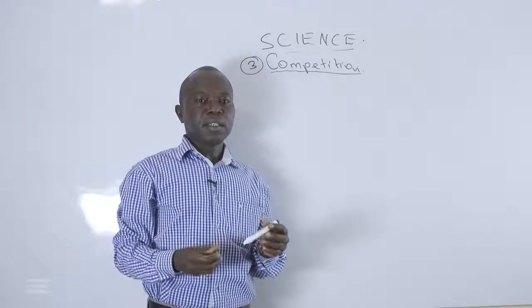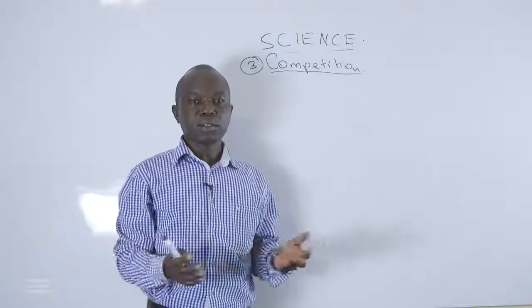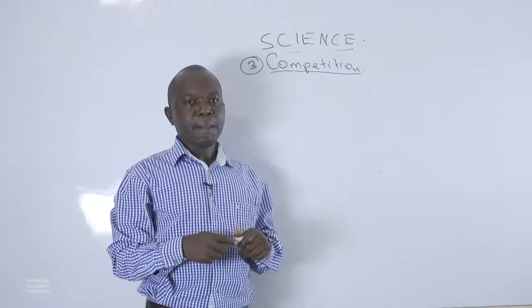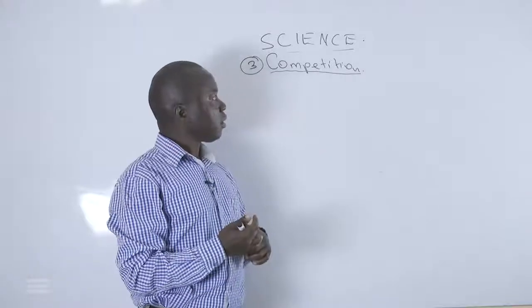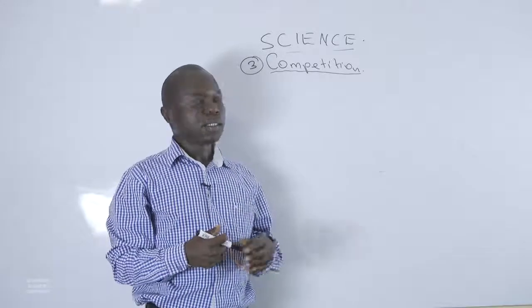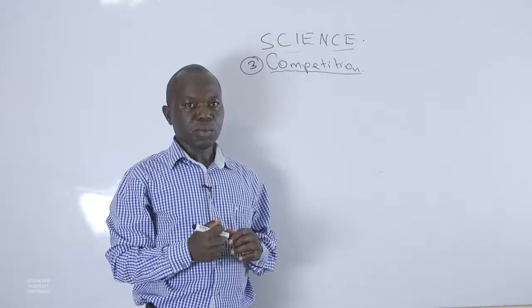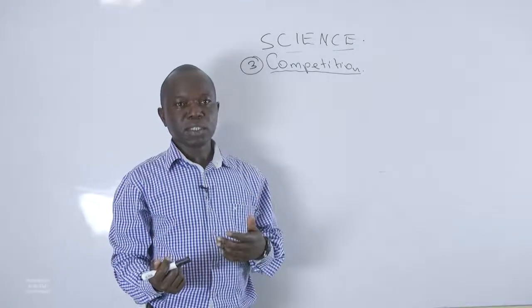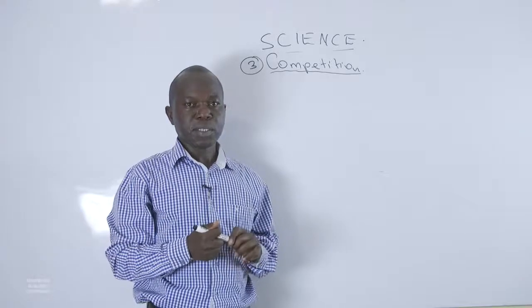Maybe if we have 2 teams, they can compete against each other. But again, in the natural ecosystem, like in a forest, in the wild, in a game park, there is competition. So the question is, why is it that organisms compete, and when do they compete?